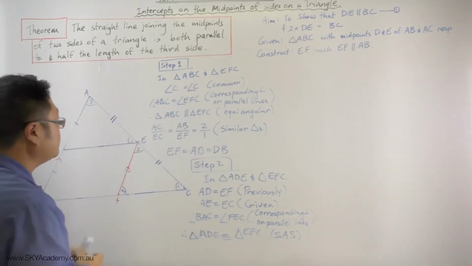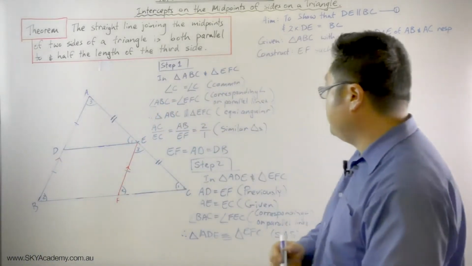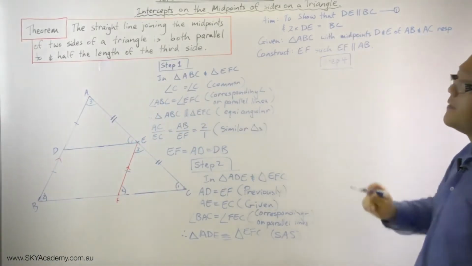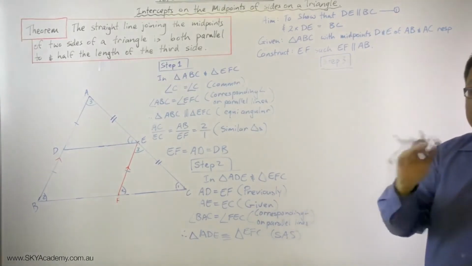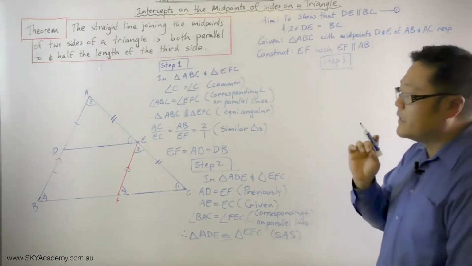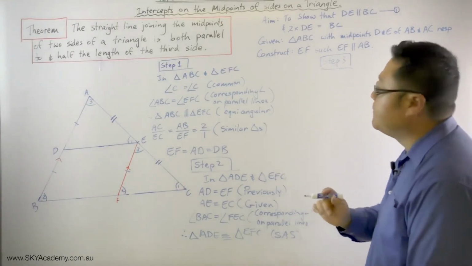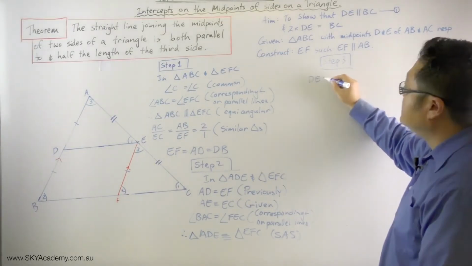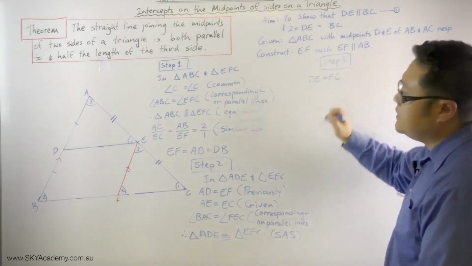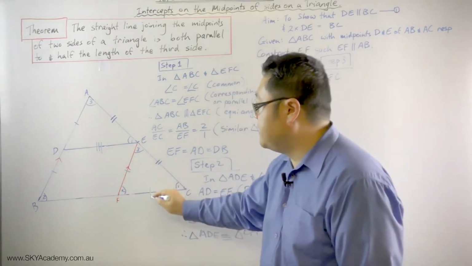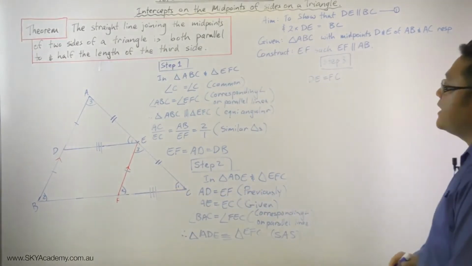Got it? Cool. So from there, we're going to say a couple of things flow out of this, right? So let's work out what flows out of it. Step 3, DE is going to be equal to FC. Do you see that? That is going to be equal to that. Do you see that?